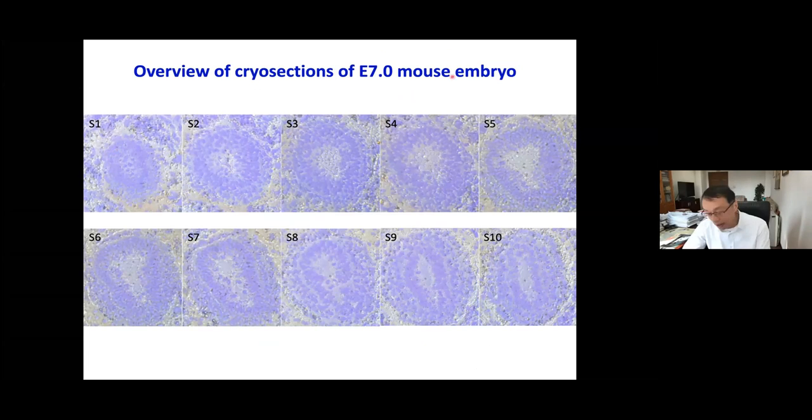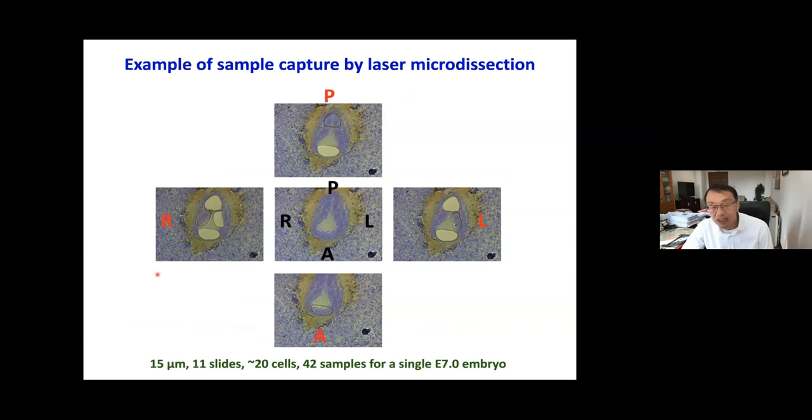And you can see we collected anterior, posterior, left, and right, about 20 cells each. So this is an example of collecting from a single day 7 mouse embryo. We can collect about 42 samples, each of about 20 cells, in 11 layers, and then anterior, posterior, left, and right.